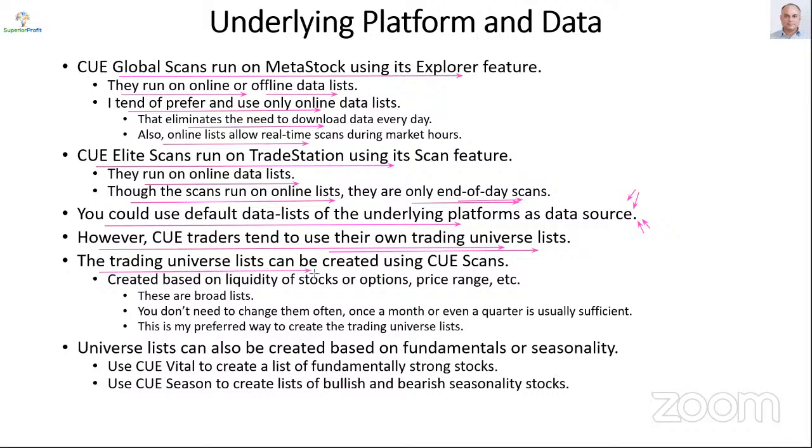The trading universe lists can be created using Q systems. They are created based on liquidity of stocks or options and also created based on price range. Price range is important. Many people avoid trading low price stocks because they tend to be speculative and don't follow any pattern. So many traders tend to avoid trading low price stocks.